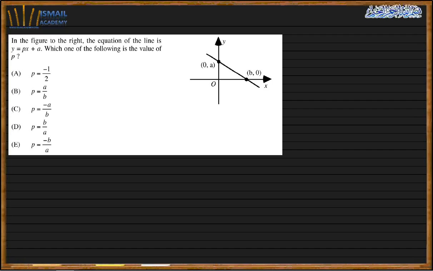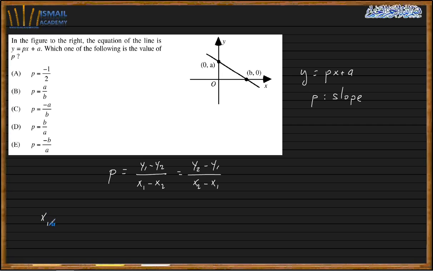Next question. In the figure to the right, the equation of the line is y equal px plus a, which means p is the slope. We know that the formula for the slope is y1 minus y2 over x1 minus x2, or you can do y2 minus y1 over x2 minus x1, given that (x1, y1) and (x2, y2) are points on the same line.